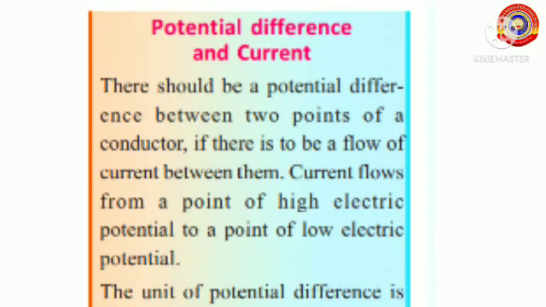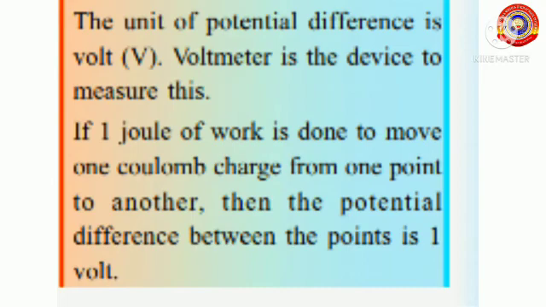Potential difference and current. There should be a potential difference between 2 points of a conductor if there is to be a flow of current between them. Current flows from a point of high electric potential to a point of low electric potential, like the flowing of water. The unit of potential difference is volt, denoted by capital V. Voltmeter is the device to measure this.